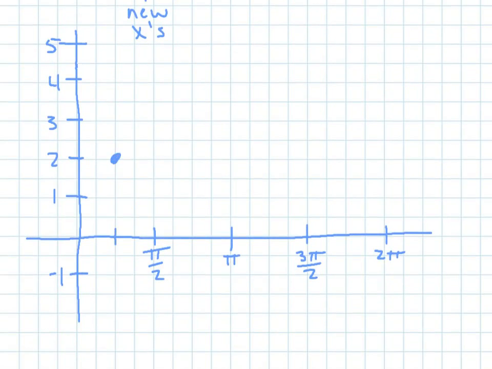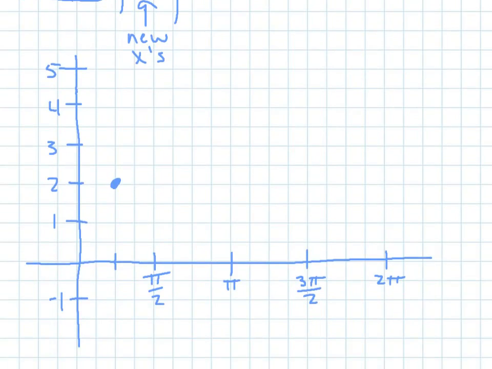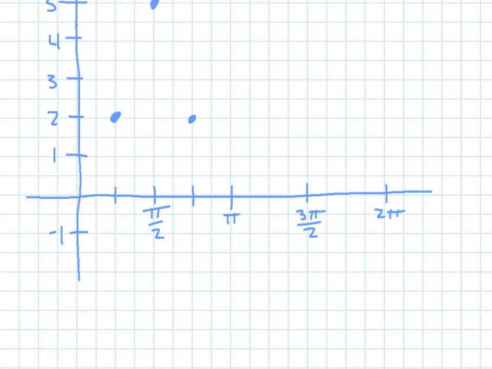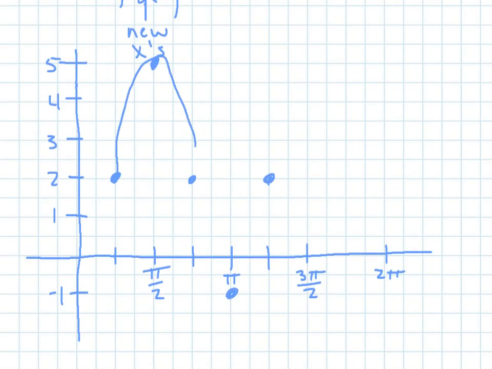And then pi over 2 was 5. And then 3 pi over 4 was 2. And then pi was negative 1. And then 5 pi over 4 was 2. So then my graph here is shifted over pi over 4, then also squished to a period of pi instead of 2 pi, and it's stretched vertically by a value of 3 and moved up vertically by a value of 2.